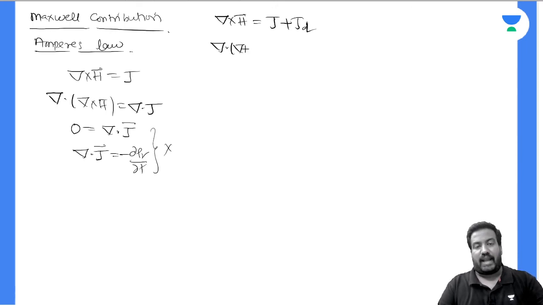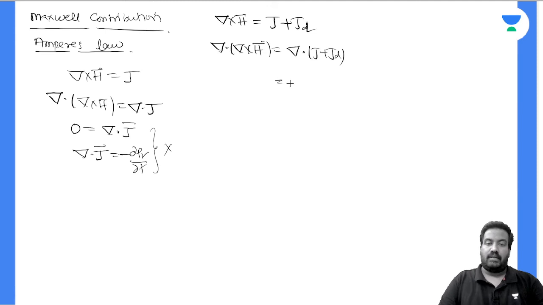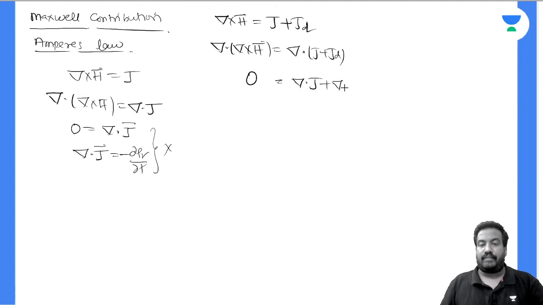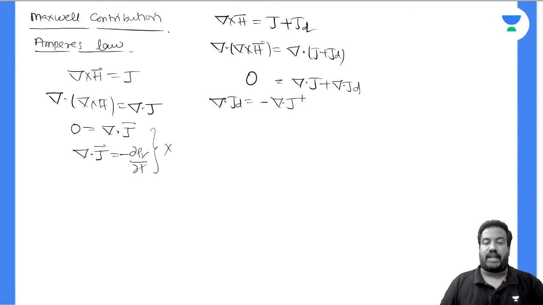He took divergence on both sides. Divergence of curl of any vector is 0. You get 0 here: del dot J plus del dot Jd. From this we get del dot Jd is equal to minus del dot J. And from the continuity equation, del dot J is minus dou rho v by dou t.